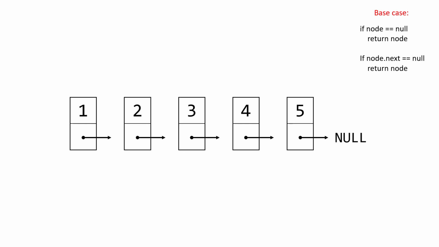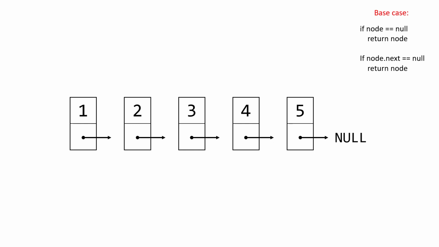Let me explain the first one. The reason why we have if node is null, return node is simply so that if the caller passes in an empty linked list, or null basically, then we'll just return that null back. And we're not going to go into our logic, which would then crash the program because it's null. The second one is there to catch the end when we reach 5.